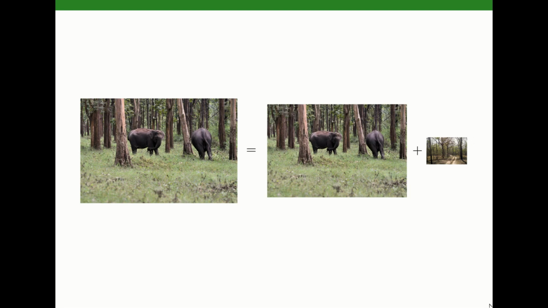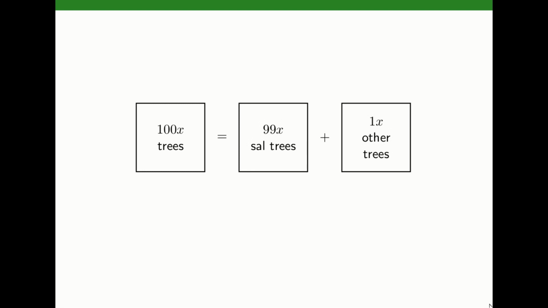Let's just simplify the problem a little bit more. Let us say now that the forest has trees that are 100x in quantity. So that would now make the sal trees 99x, and all other trees are 1x in quantity in the forest.